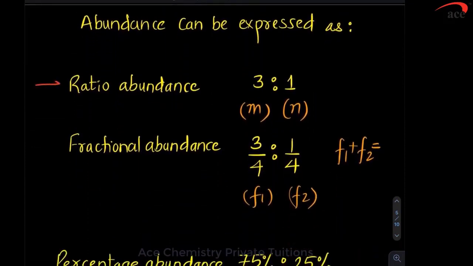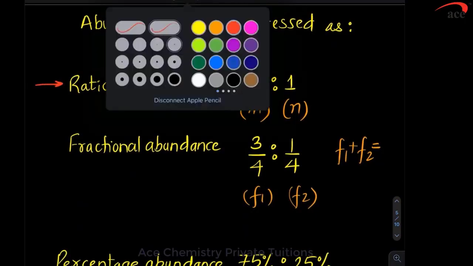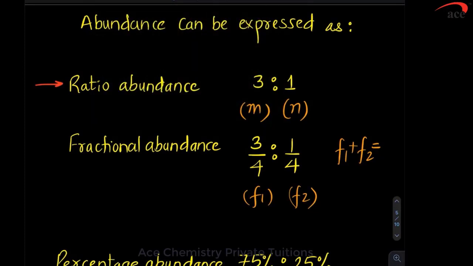This data of abundance can be expressed as a ratio. If you express it as a ratio, it is 3:1. You can call one ratio part M, the other N. You can also have fractional abundance.